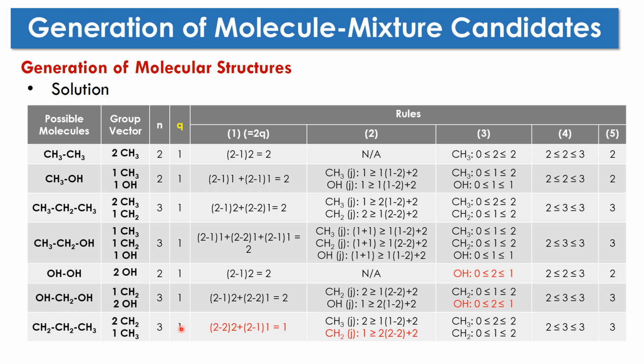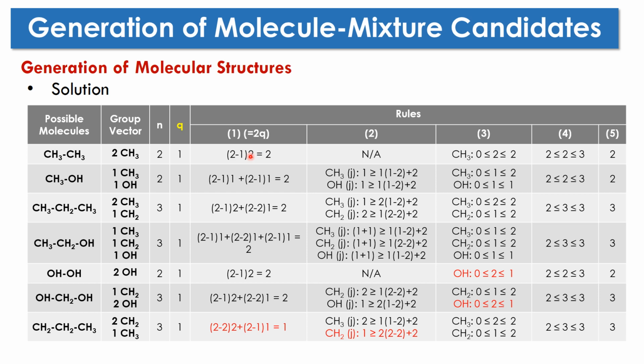And okay, when looking at this table, please also refer to your textbook. So if you refer to your textbook for equation number 1, it's a summation of 2 minus uj, multiplied with nj, equal to 2q, right?